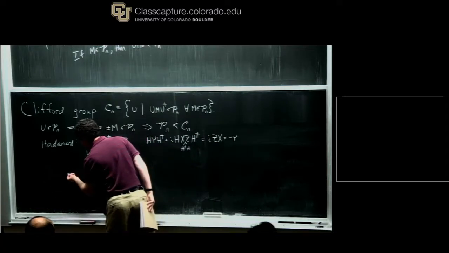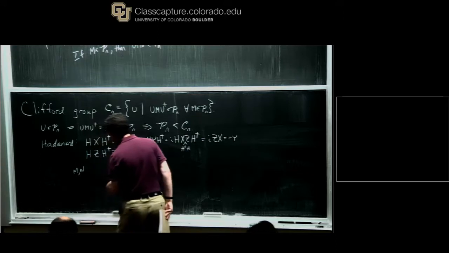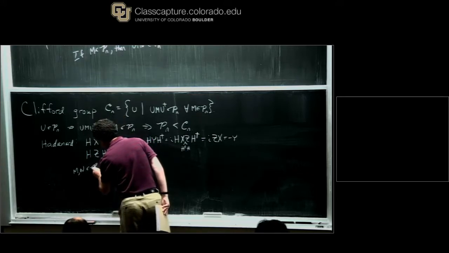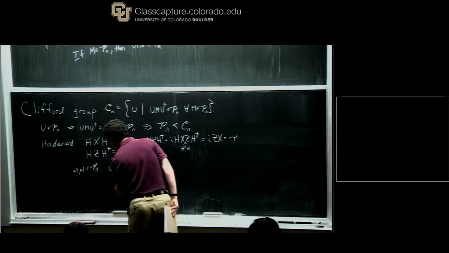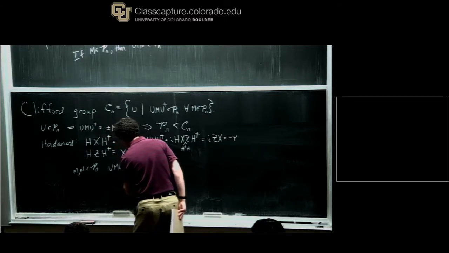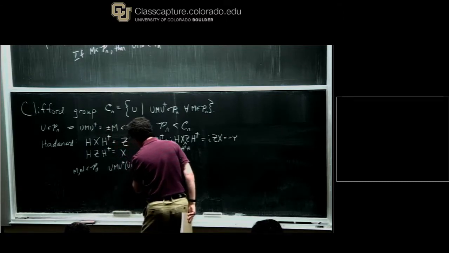And moreover, you can easily see that it has to preserve the commutation relations. So suppose we have M and N in the Pauli group, and we calculate U M U dagger U N U dagger.